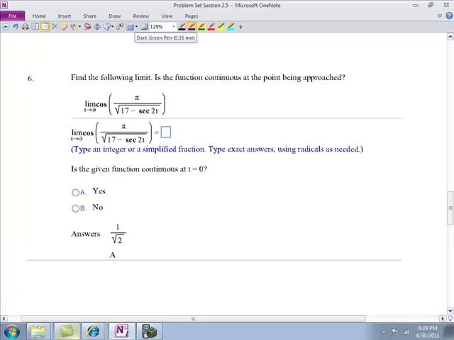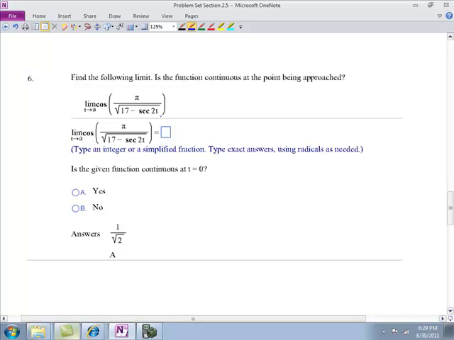Find the following limit. The limit as t approaches 0 of cosine of pi over the square root of 17 minus secant 2t. Can we take the secant of 0? You've got your handy dandy trig sheet. Secant 0 is 1.